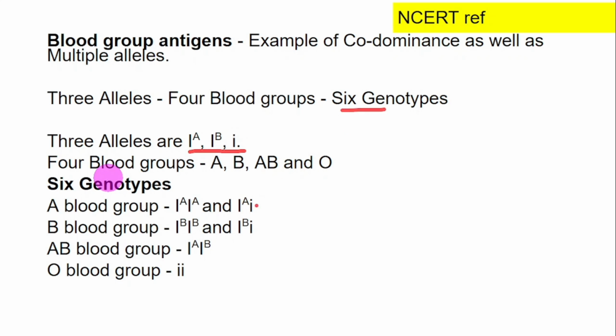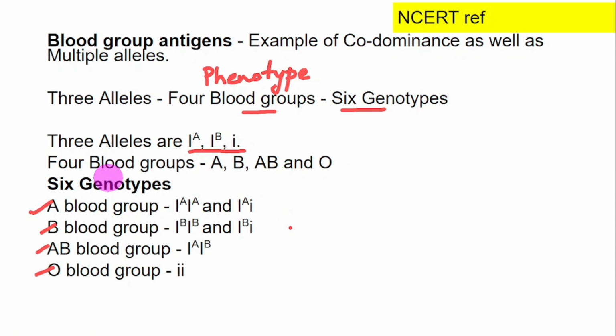So these are the six genotypes: 1, 2, 3, 4, 5, 6. Six genotypes, and the phenotypes, this is what we can see, are a total of 1, 2, 3, 4. Three alleles can produce four phenotypes and six genotypes.